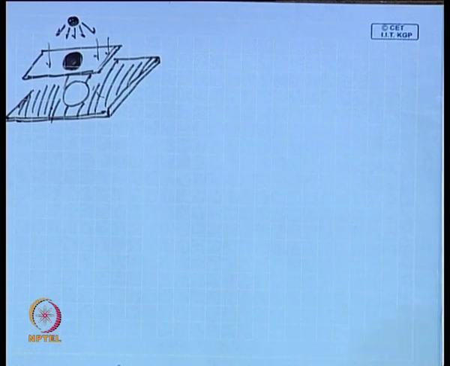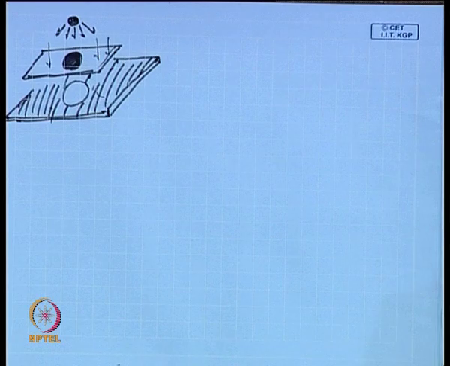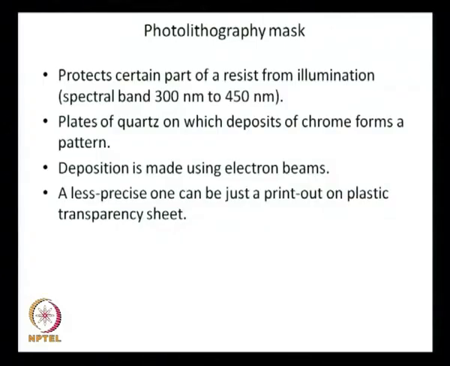Now, a photolithography mask protects certain parts of a resist from illumination. The spectral band of the illumination is 300 nanometer to 450 nanometer. The mask is a plate of quartz on which deposits of chrome form a pattern.